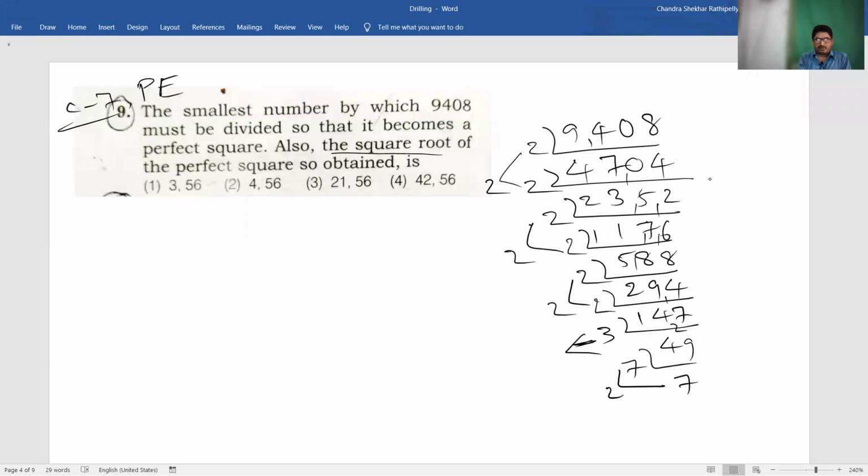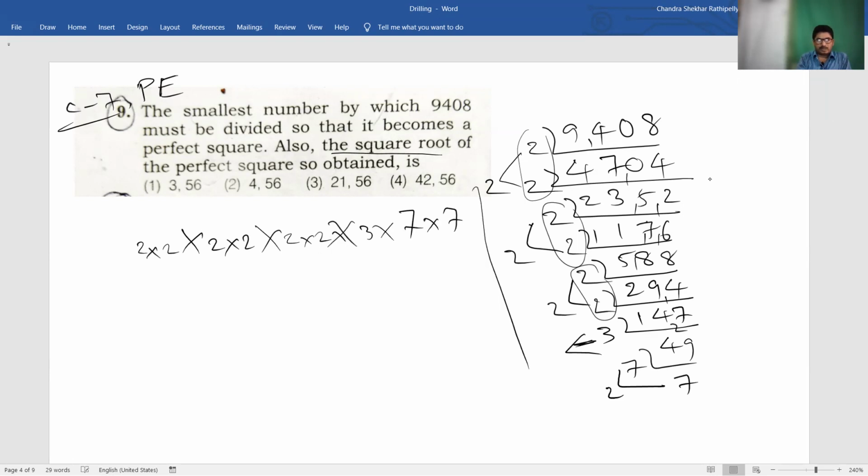Divide and find the square root: 2 into 2, 2 into 2, 2 into 2, and this 3, 7 into 7. If we divide this with 3, it will be a perfect square number.